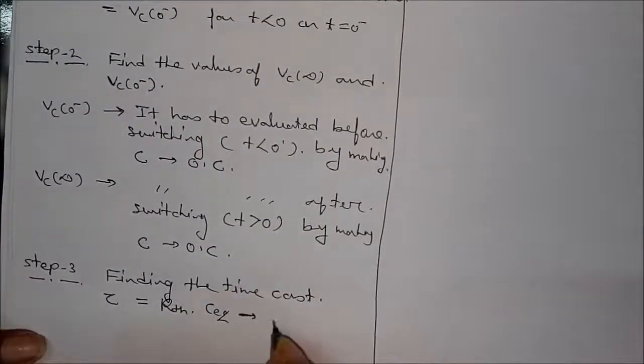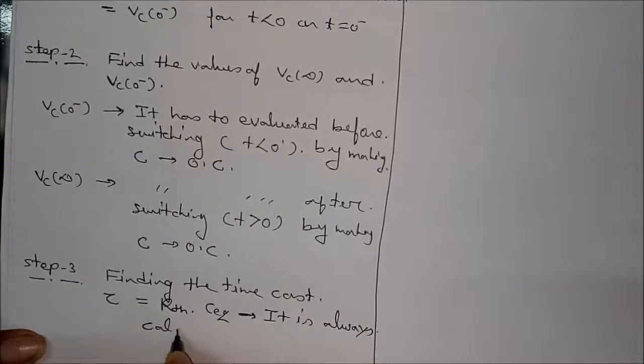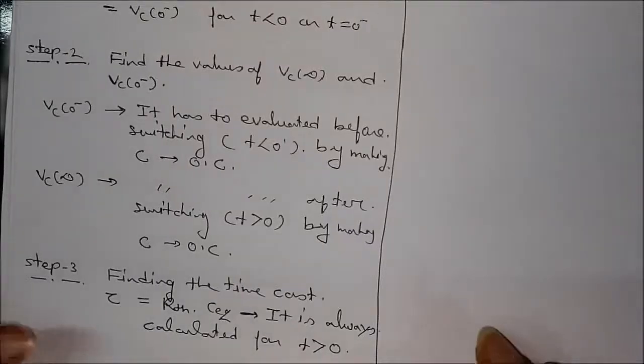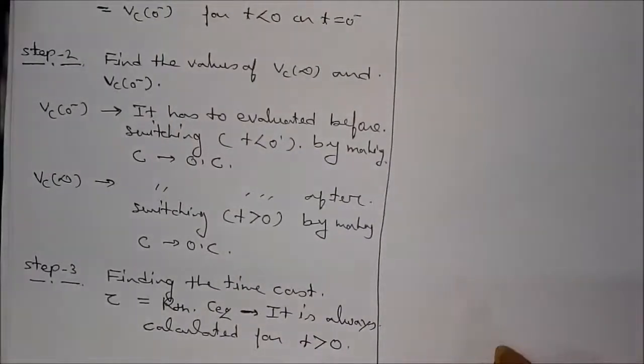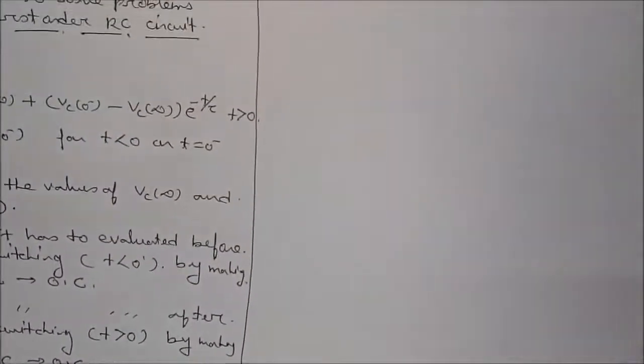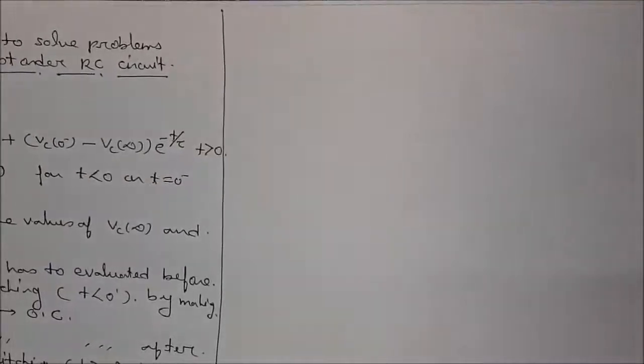And it is always calculated for t greater than 0, or we can say that it is always calculated for after the switching phenomena, not before the switching phenomena. Please remember this point.